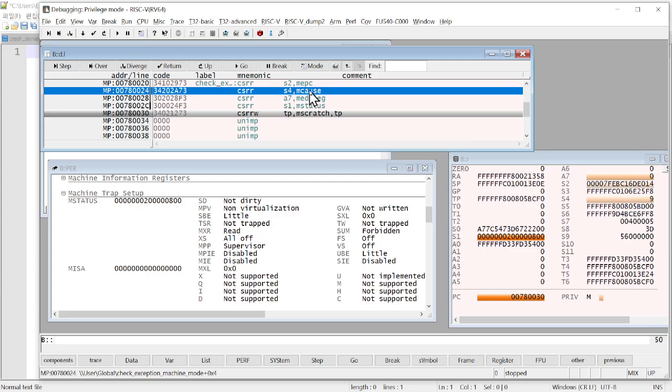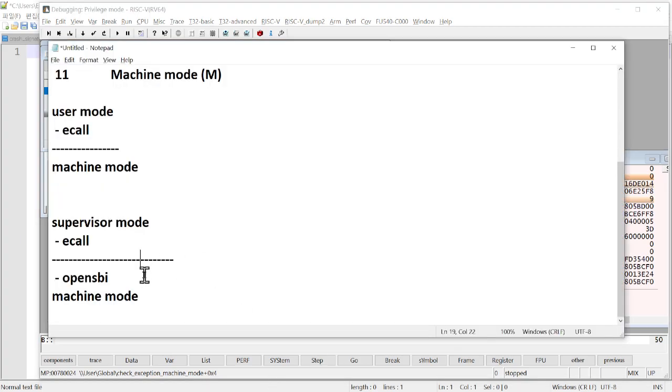For example, it will let us know the previous privilege mode, and depending on this information, control moves to another function. Take for example, if the previous privilege mode was the user mode, the corresponding system call handler can be implemented.